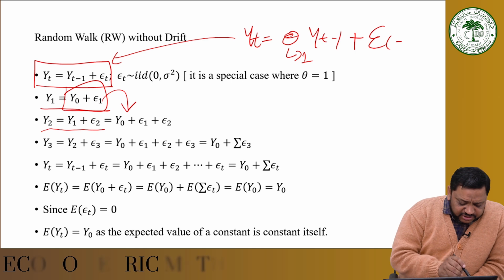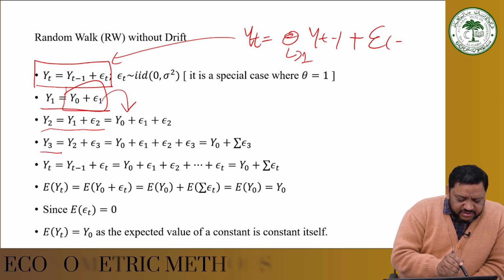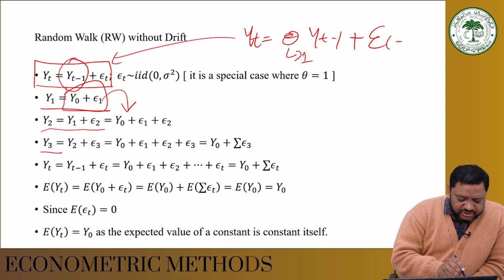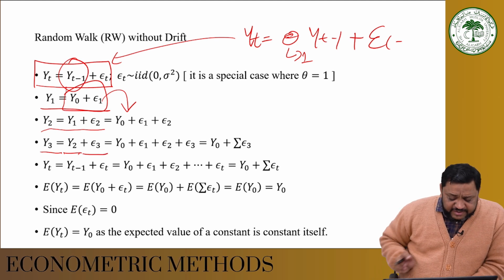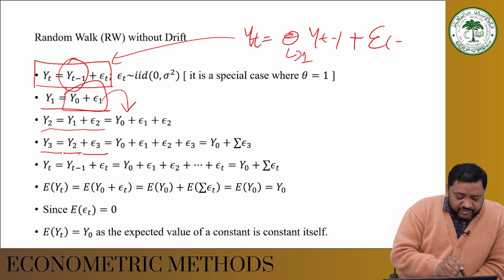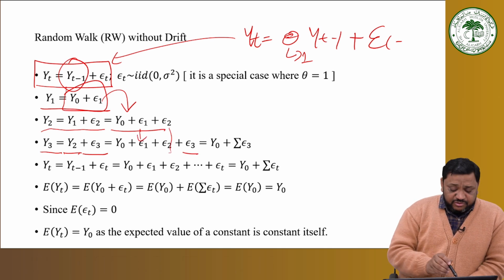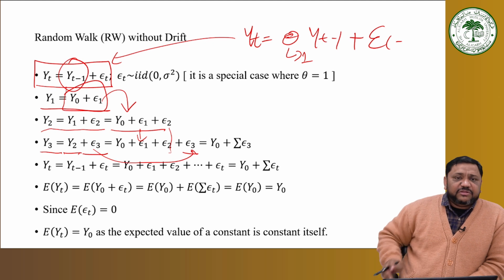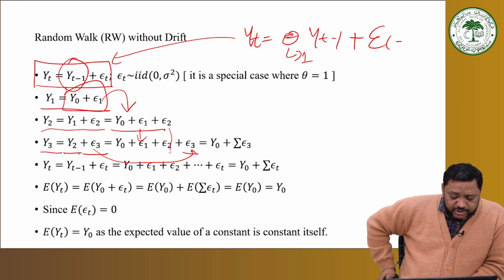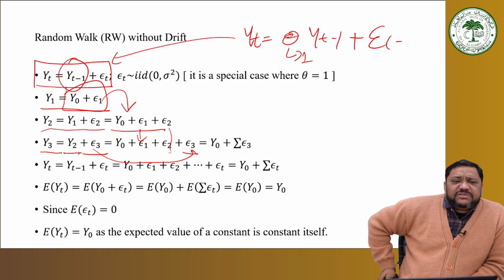Then we next move to y3. Y3 will be based on yt minus 1, it becomes y2 plus epsilon 3. Now y2 we have just defined over here, as it is we write it down plus epsilon 3. So it becomes y0 plus epsilon 1 plus epsilon 2 plus epsilon 3.